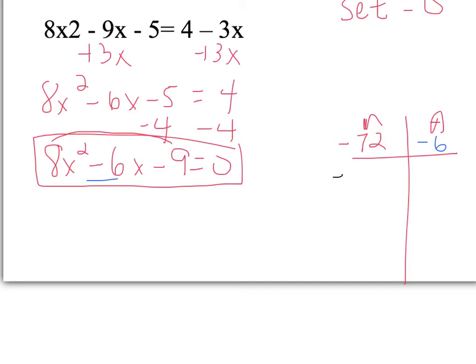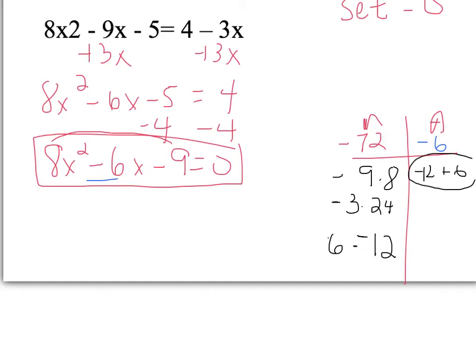I have negative 9 times 8. Let's try something else. Negative 3 times 24. Still won't work. What about 6 times 12? And if the 12 is negative, I can do negative 12 plus 6. Okay, so negative 6 and negative 72.